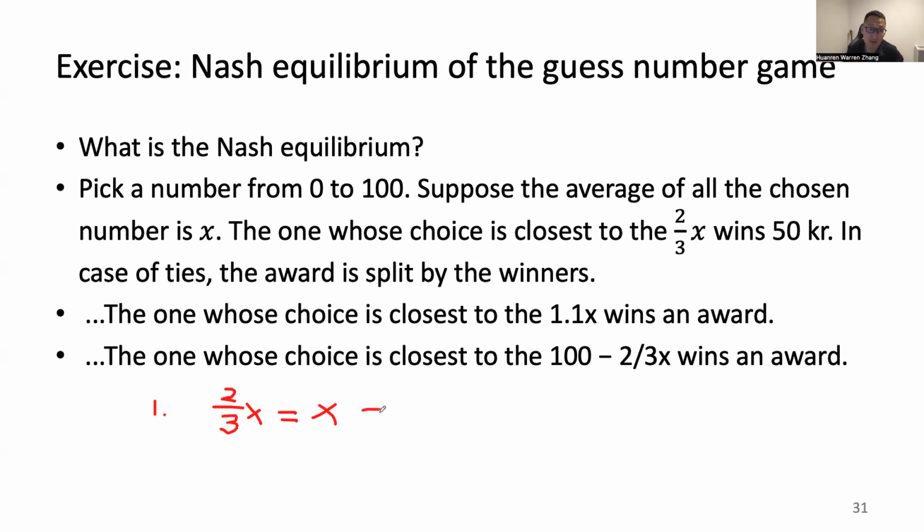So here you can derive that x equals 0. And for the second case, we can again equate 1.1x equals x. Let me see whether this will be the way to arrive at the answer.